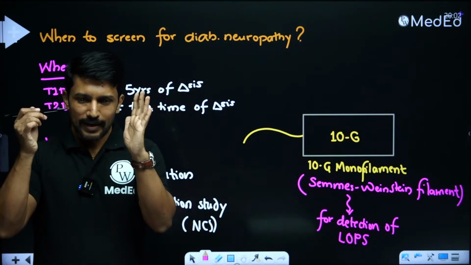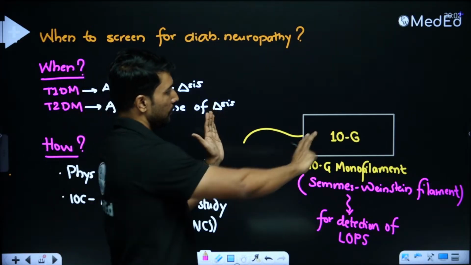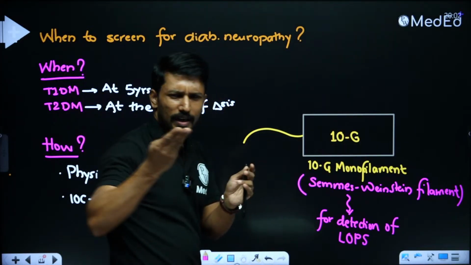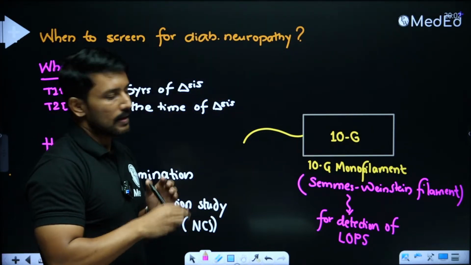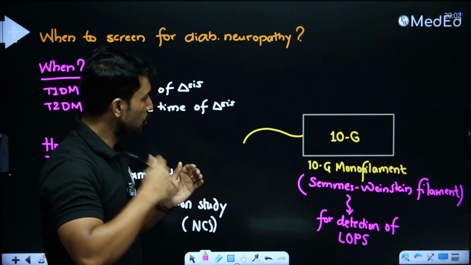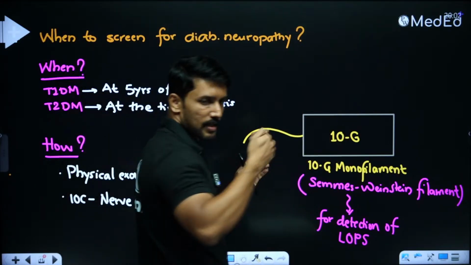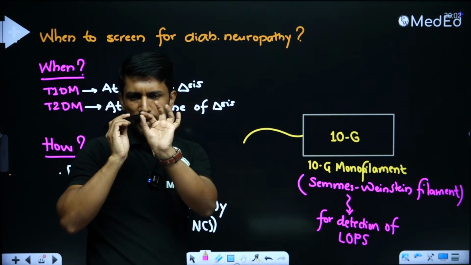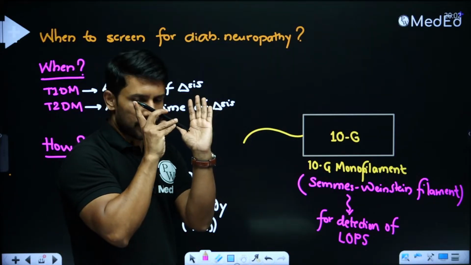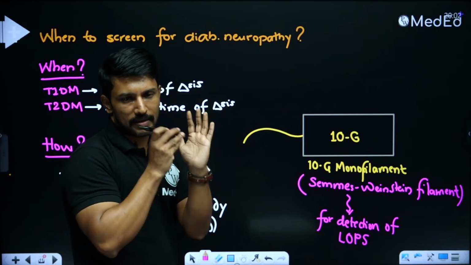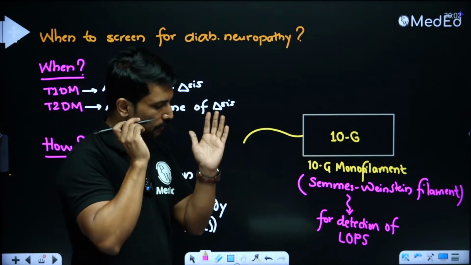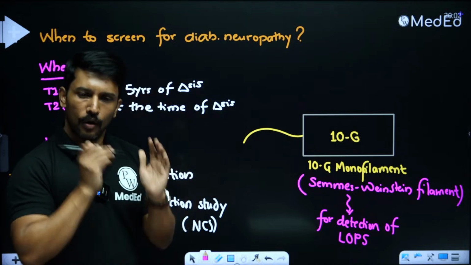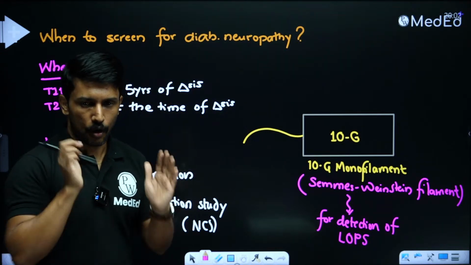Because when I try to apply pressure, like if I hold this card and it's a tiny ATM card sized, very good, Chandan. Loss of protective sensation. So if I take that ATM sized card or the pen with a tip having a filament and I try to press it on the patient's body parts like hands and feet, mainly used for feet. When I try to press it, वो pressure exert करेगा on the limb.